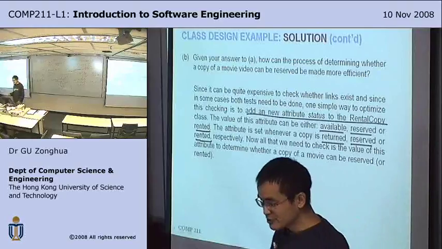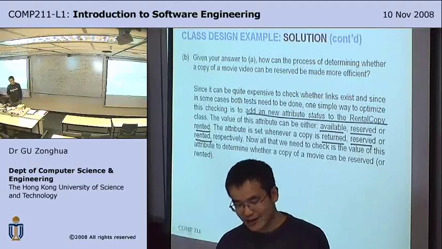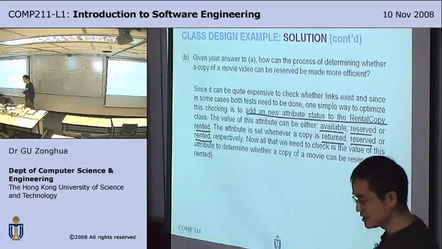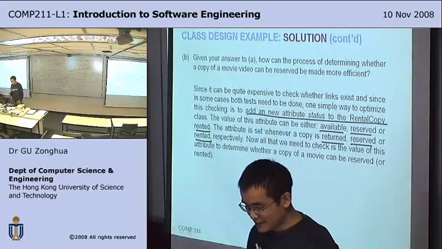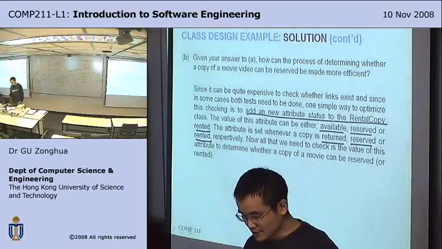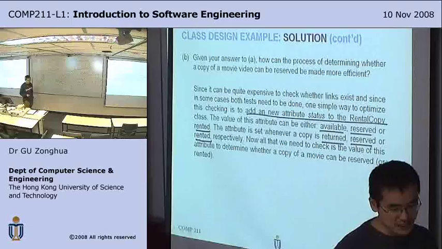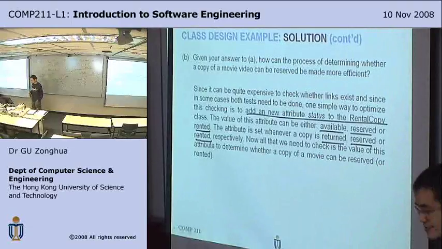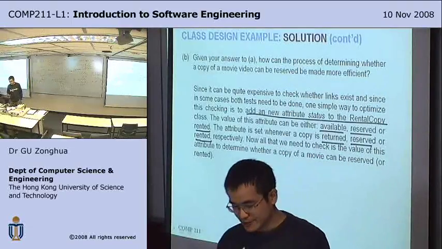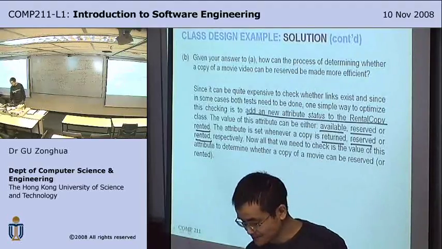You don't have the attribute status in the class. Then you have to do more work later when you need to check the status of the rental copy. So it's perhaps better to do more work during the daily operation, because it's just a simple update operation, and to speed up the query of the status operation.